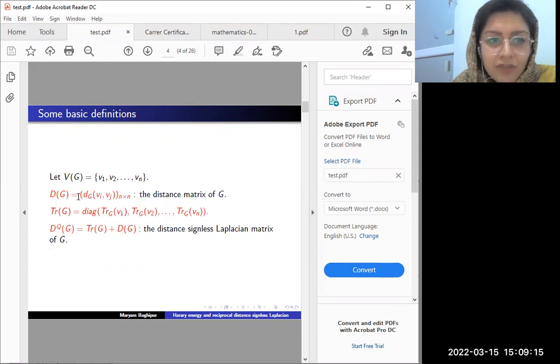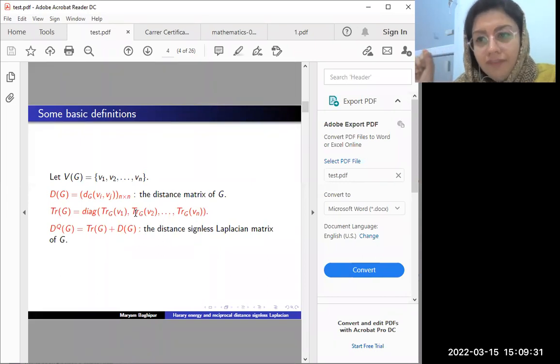We denote the distance matrix by D. Transmission Tr(G) is the diagonal matrix whose main diagonal entries are the transmissions of the vertices. Aouchiche and Hansen defined the distance signless Laplacian and distance Laplacian matrices. Based on the distance matrix, the distance signless Laplacian is defined as the transmission matrix plus the distance matrix.